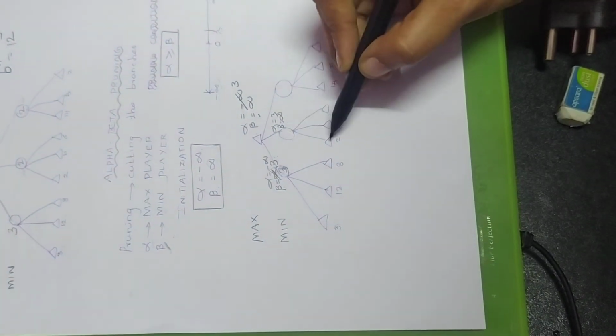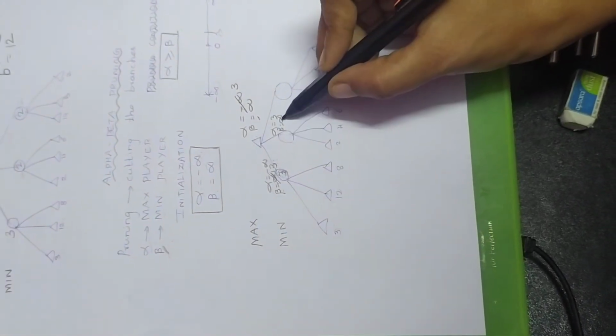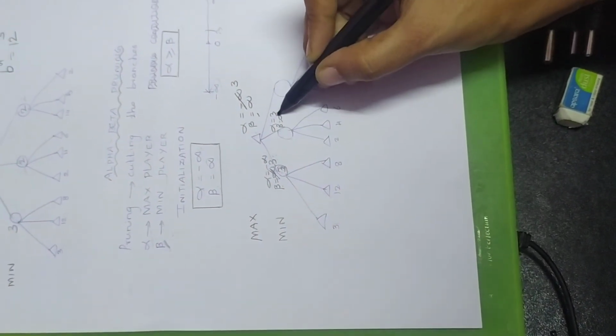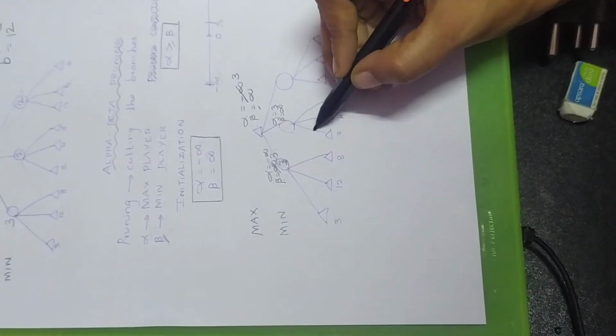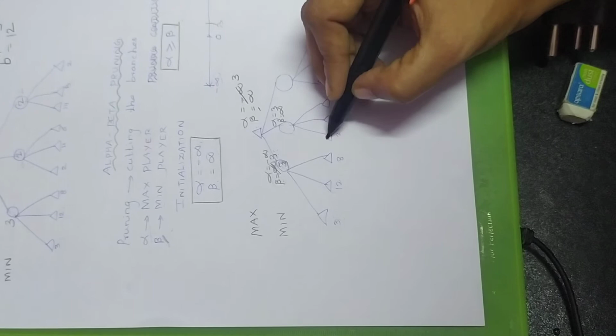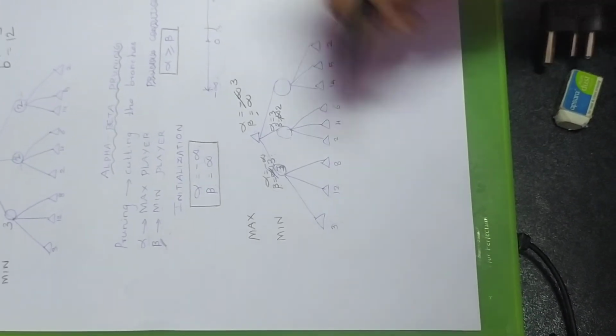So let us consider the first choice here. Min value has to take the minimum value and it will be replaced here, isn't it? So when we take the first child, it is 2. So the 2 is less than alpha, therefore alpha is replaced by 2.